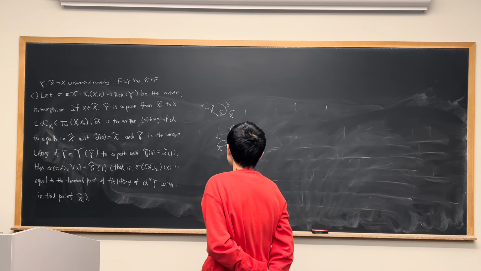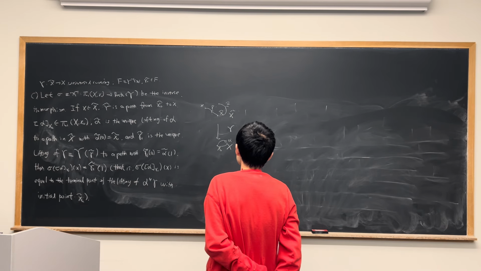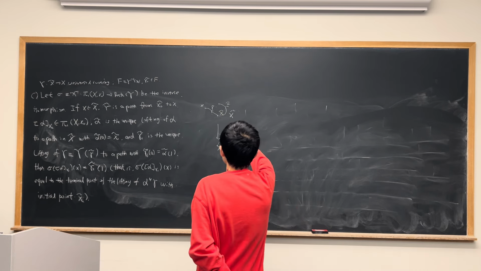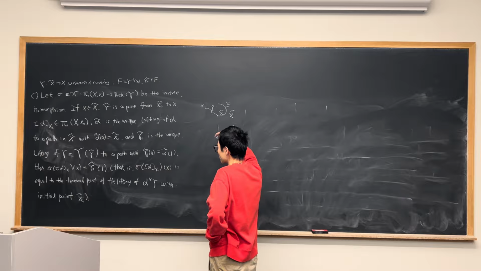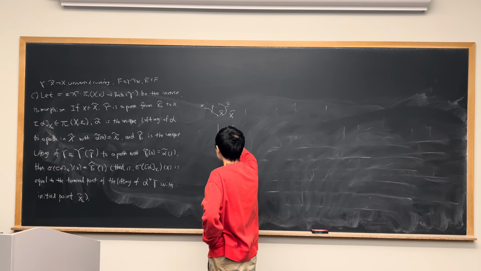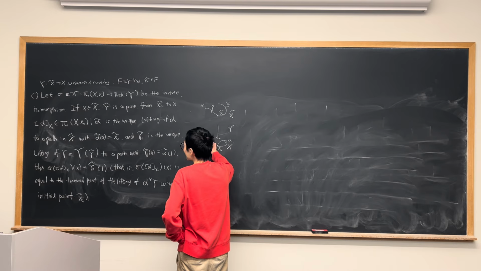So what we do is that, what is gamma of small gamma? Remember this gamma is a path, right? So when we apply gamma to it, it becomes a path downstairs.